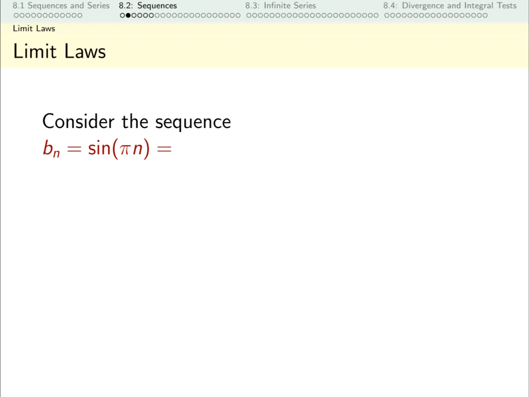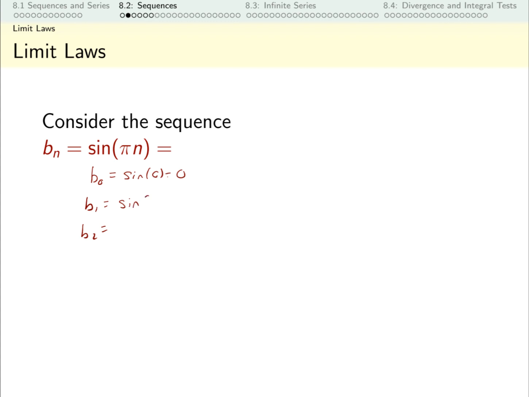This is again explicitly defined, so you should be able to figure out very quickly these three terms. Take a second, pause the video, find the first three terms. B sub 0 is sine of 0, which is 0.